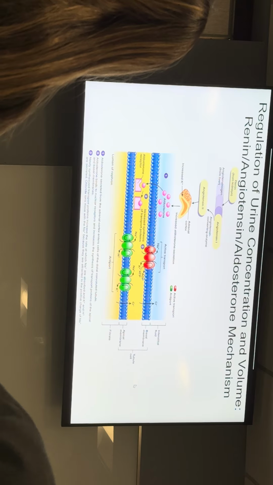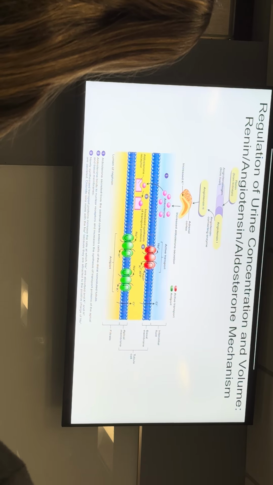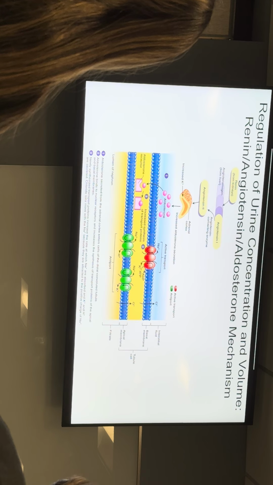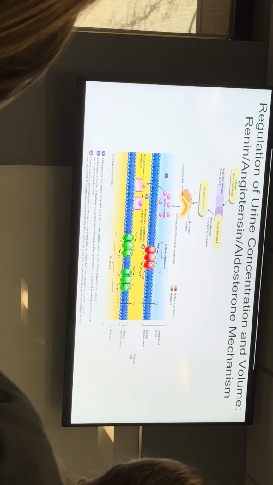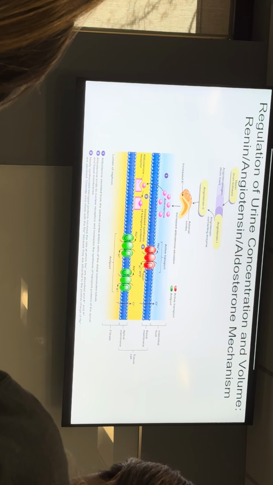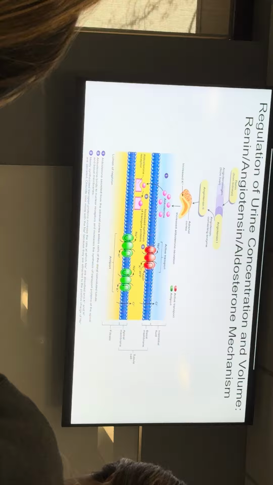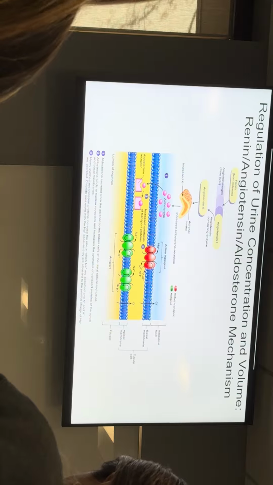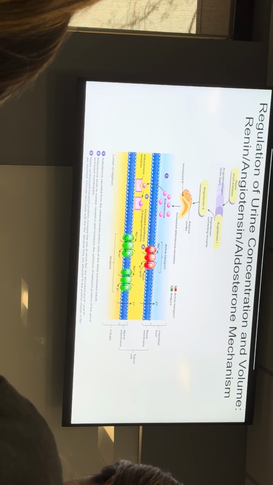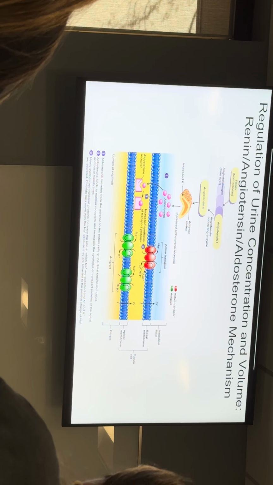Okay, so these are the mechanisms in which your aldosterone and antidiuretic hormone work. We did talk about aldosterone and antidiuretic hormone back in the endocrine system, but we did not cover these mechanisms yet. So, first we have your renin-angiotensin aldosterone mechanism.